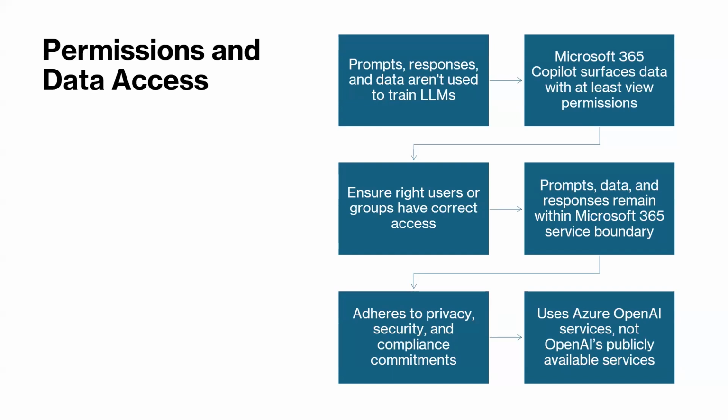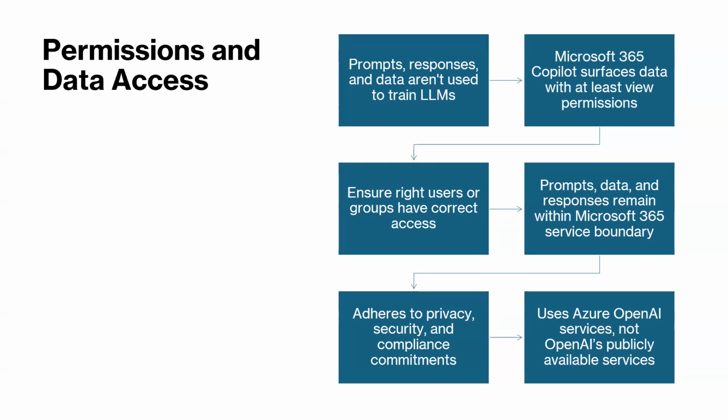It's only going to reference information that I, as a user, have permission to. So all of the permissions that are already in place within your Microsoft 365 tenant are going to apply. I have to have at least view permission to a file for it to be referenced.